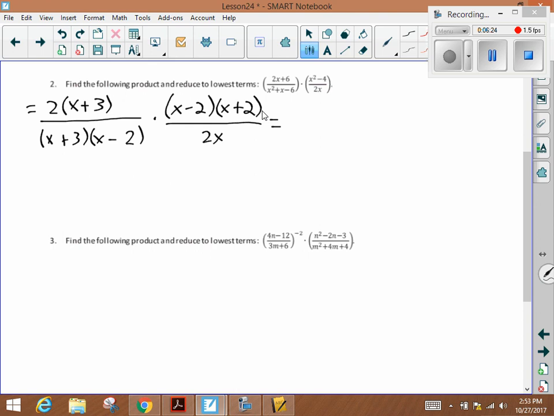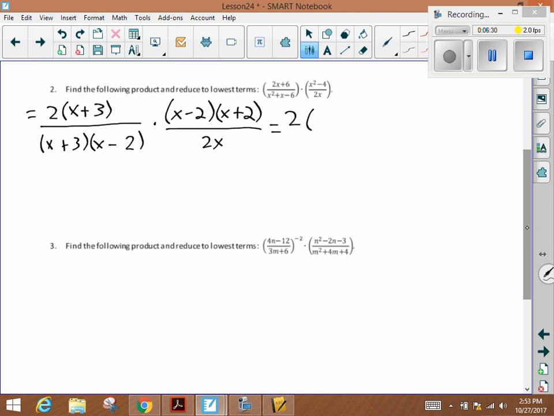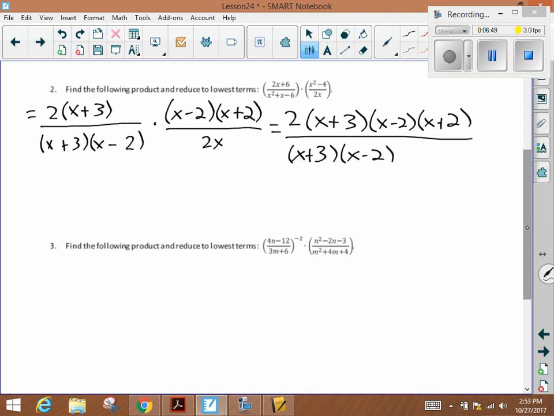So when I write this out as one product in my numerator over one product in my denominator, times 2x, you can see that I do have some things that will be eliminated because they are 1.